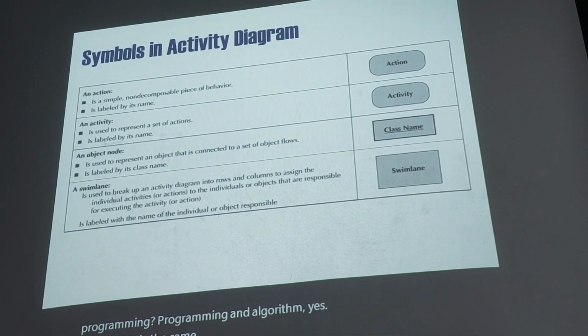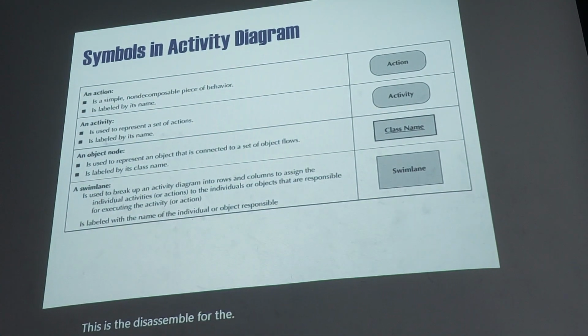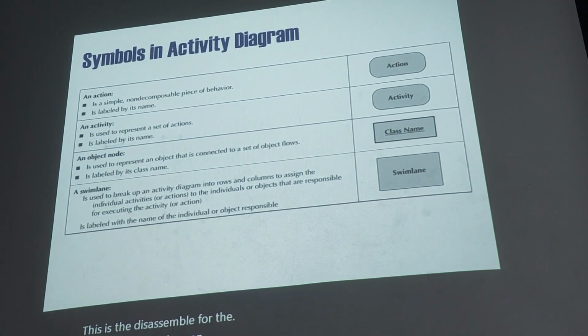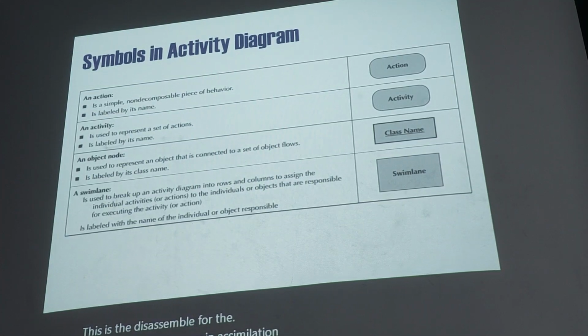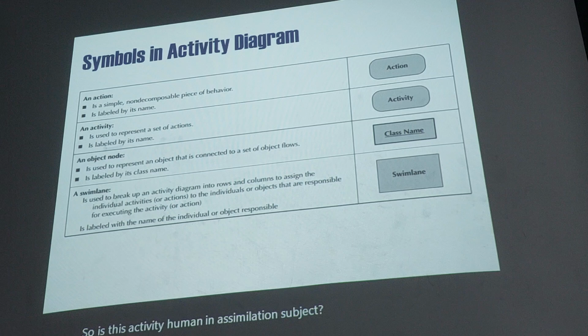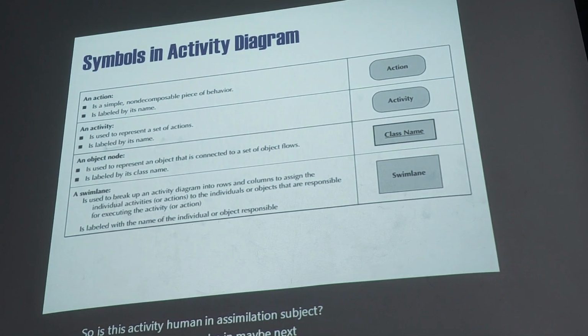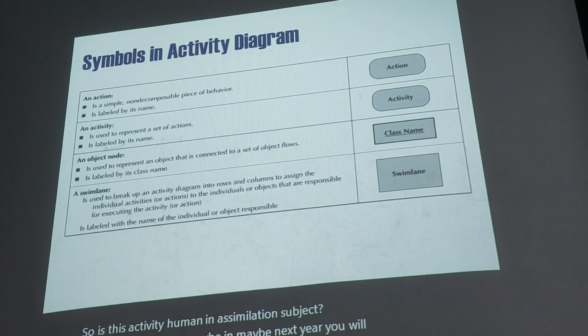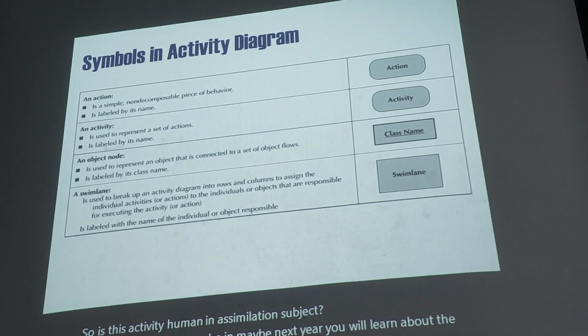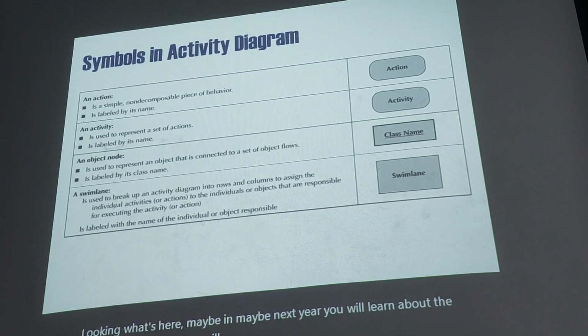This is the symbol for the activity diagram. So this is activity. You will maybe learn in a simulation subject in I don't know in what year, maybe next year you will learn about the simulation subject. They will use activity diagram, this subject.